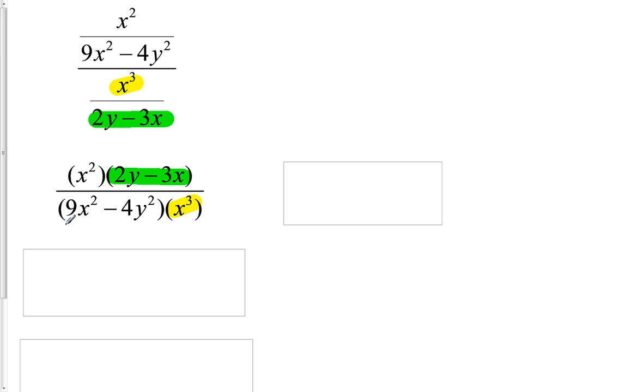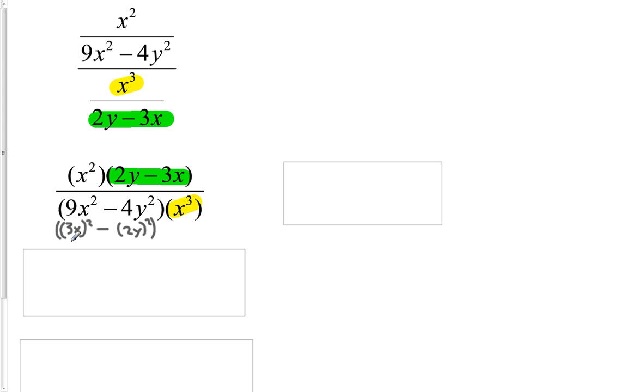Now, if I were to rewrite this, I would rewrite this as (3x) squared, because 3 squared is 9, x squared is x squared, minus (2y) squared, that whole quantity. So the 2 squared gets us our 4, the y squared gets us our y squared.